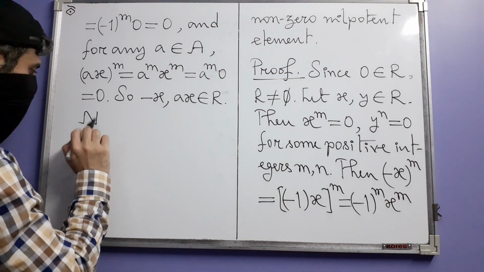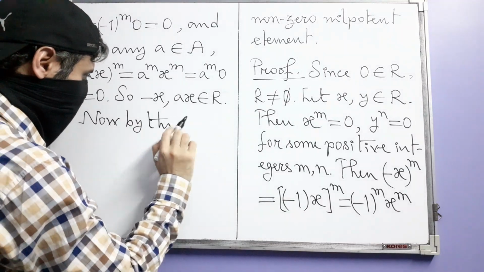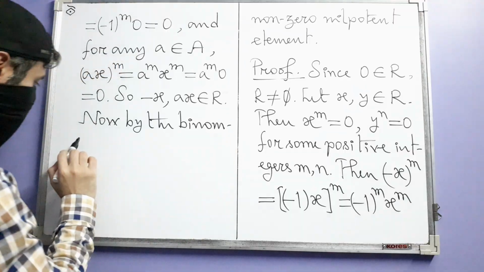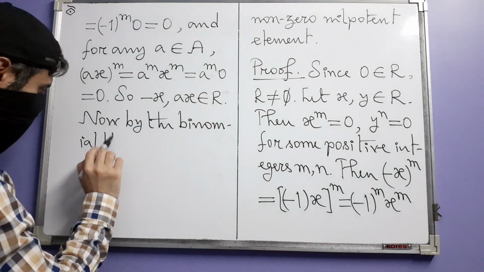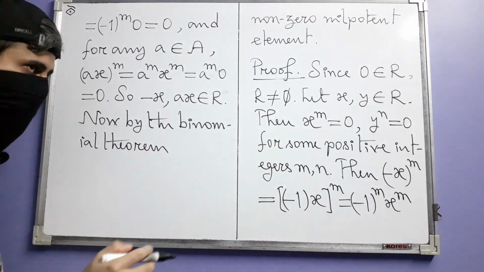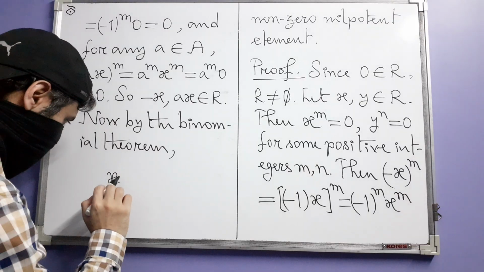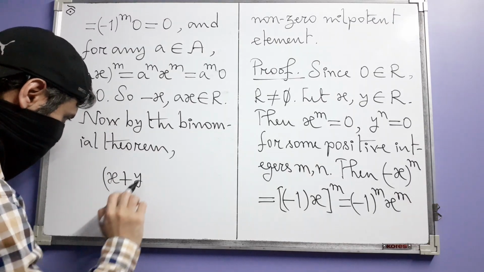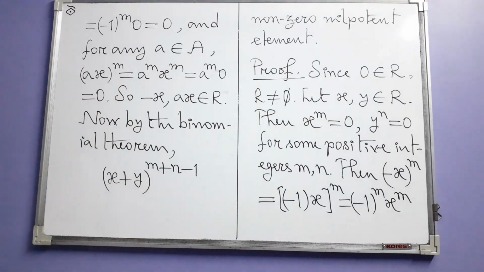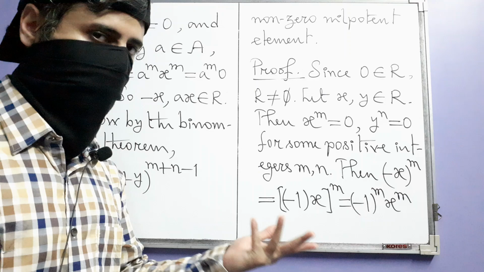Now, by the binomial theorem, which is true in any commutative ring, let us expand this power, and I am going to write the actual sum for the binomial sum.